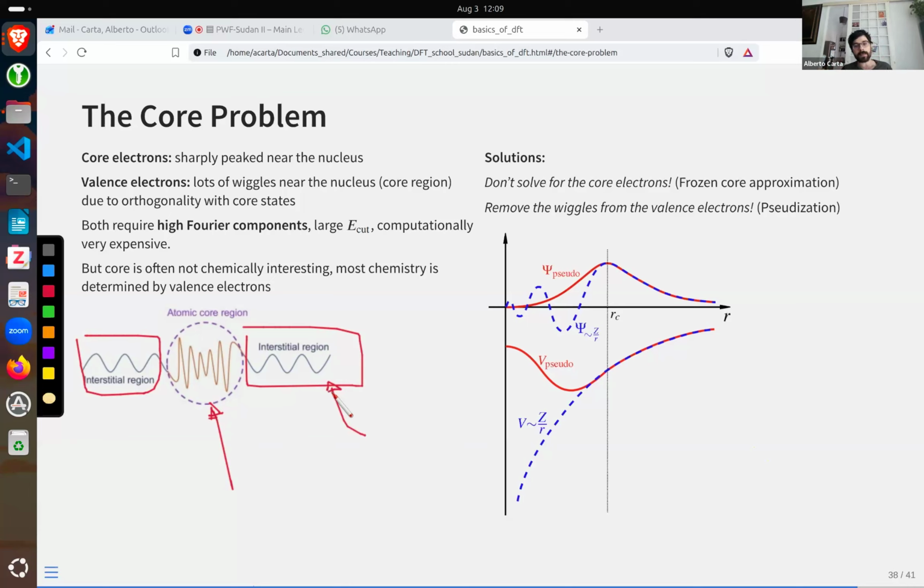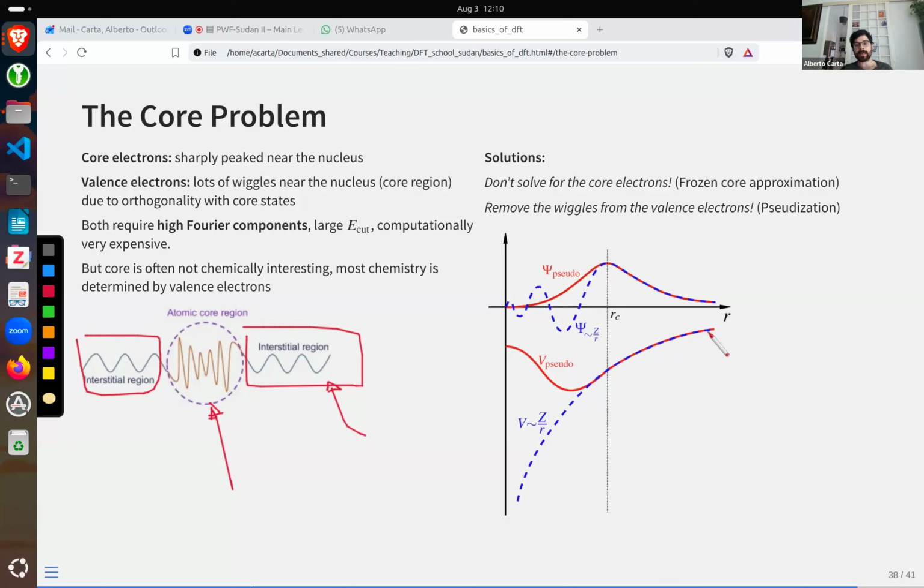So the solution here is to hide the complexity that comes from this very wiggly region. The idea is to use something called pseudization, pseudo wave functions, where we substitute the very spiky potential that causes this wiggly part with a much more well-behaved pseudopotential that is much smoother.